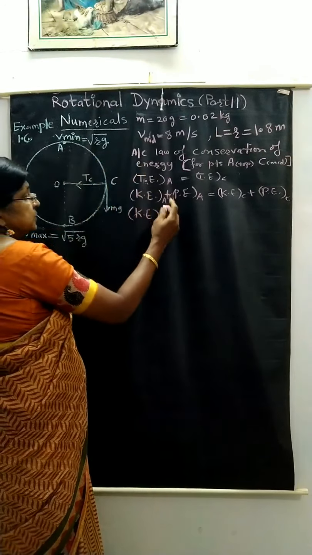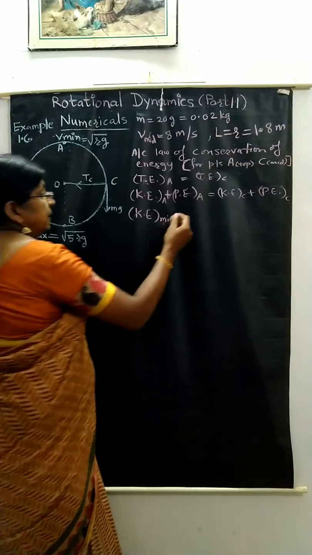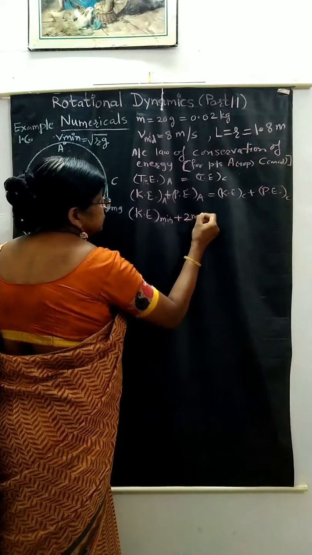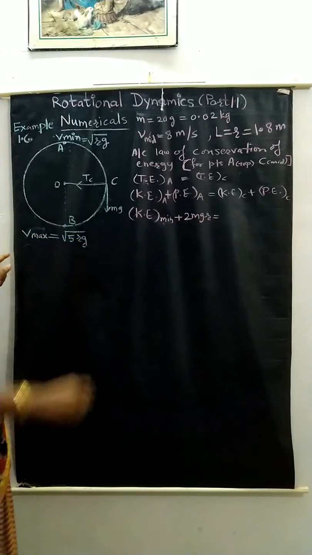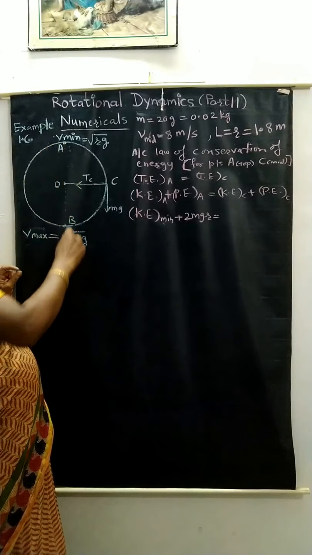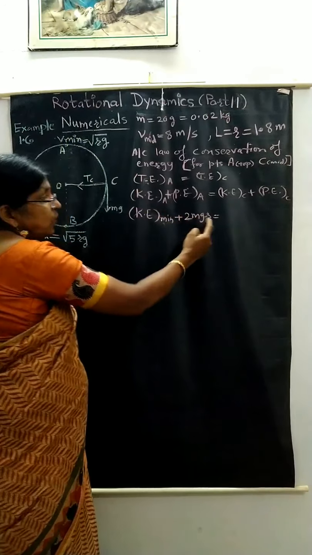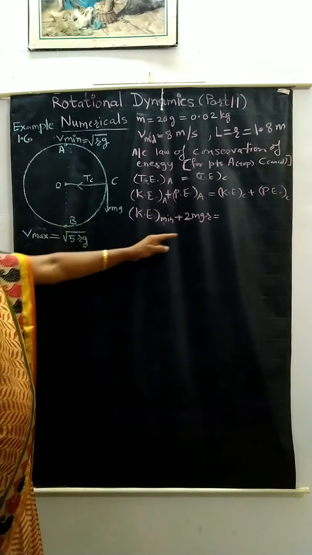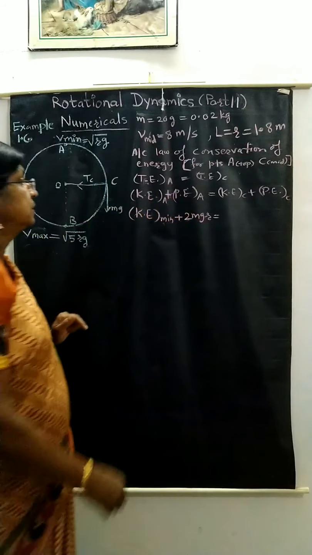But potential energy is maximum at point A and it is 2 mgr. Potential energy is always mgh, and in case of point A it is at a distance twice r. So h is equal to 2r here. Therefore we get the equation for potential energy as 2 mgr.